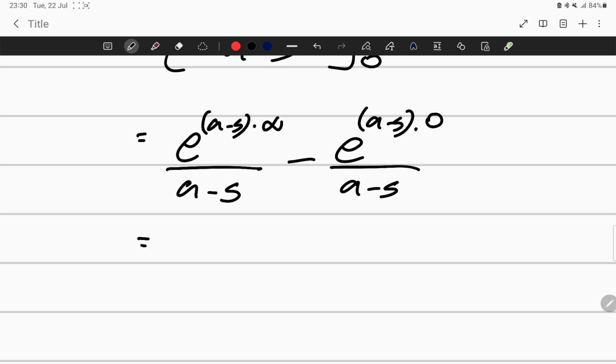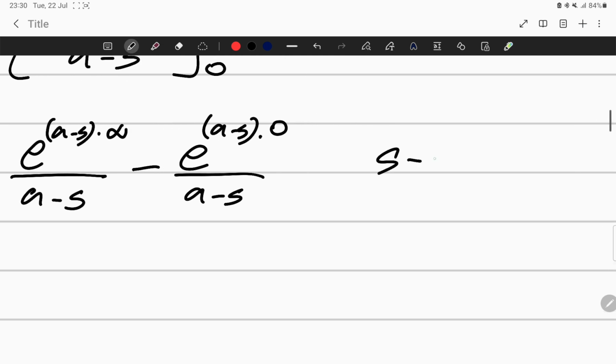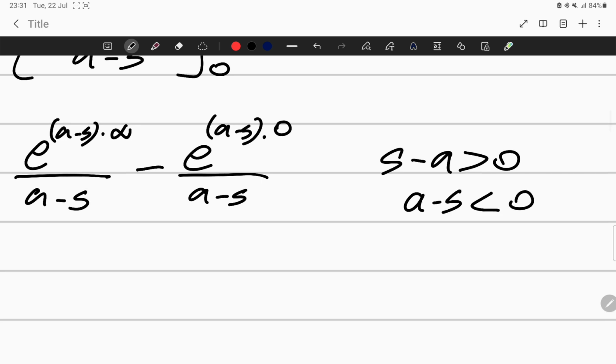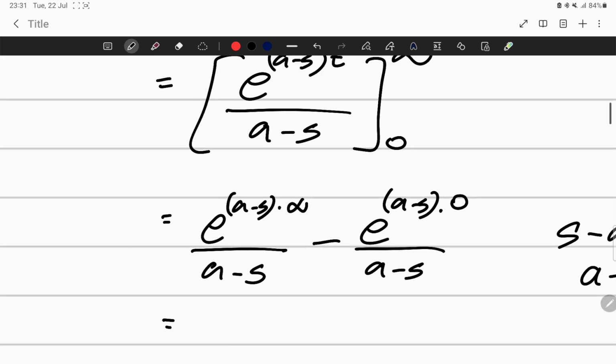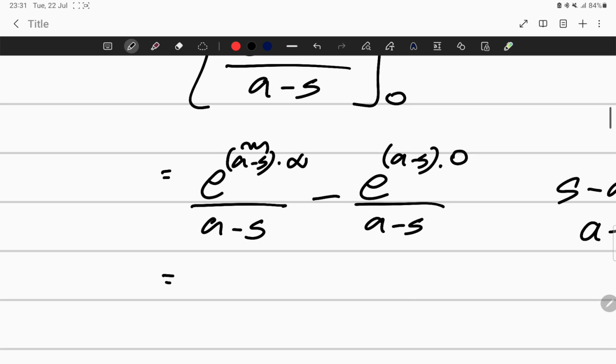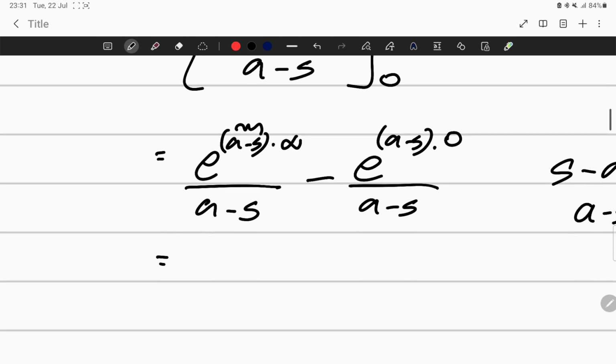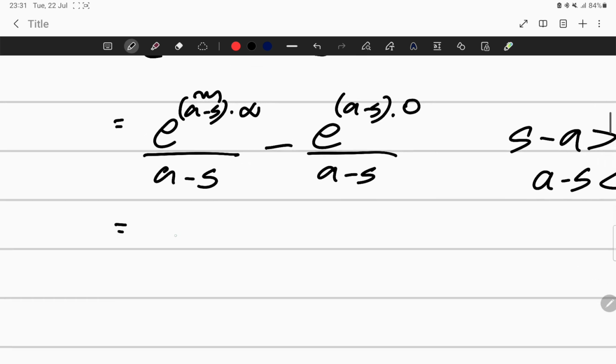Here I am considering s minus a is greater than 0, so the term a minus s is less than 0. This is a negative term, so I get minus infinity, and e to the minus infinity is 0.